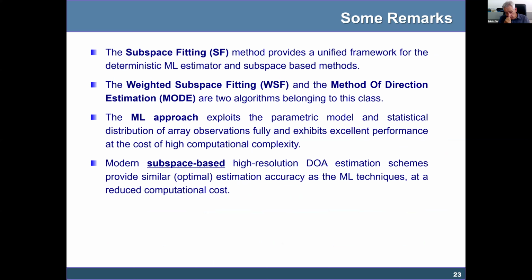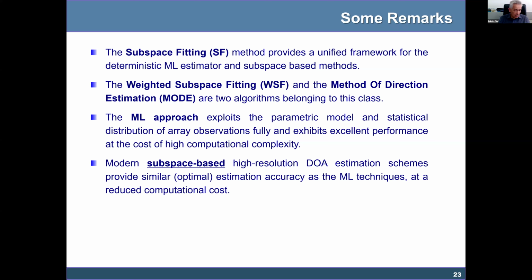There are other methods that have been proposed, which are quite interesting: the subspace fitting method, the weighted subspace method, the method of direction estimation. And they try to solve this very high complexity problem in an efficient manner.